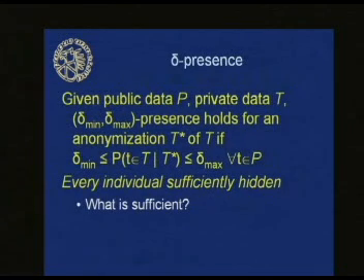So here is a proposal of another metric for how to deal with this. Given a set of public data, this is what is known, and then we have this private data set. So the public data is demographic information about everybody in the world. The private data set is this demographic information about a set of people with diabetes.